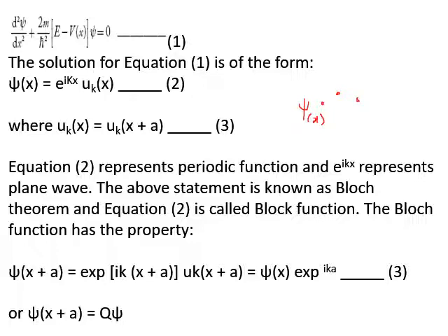Because of the periodicity of the potential, I form here a circle of atoms. Suppose there are 5 atoms. The first atom has wave function psi(x), and the distance between two atoms is a.